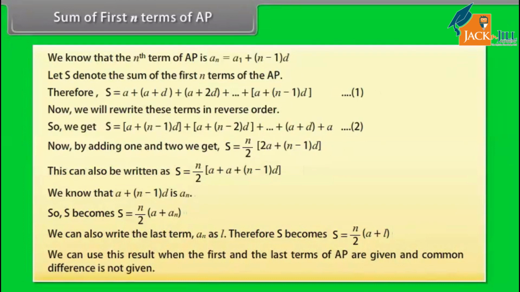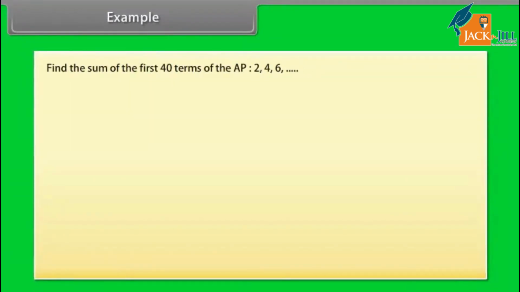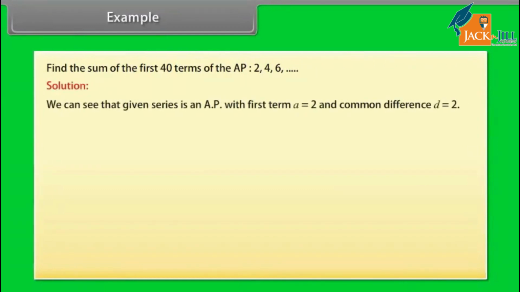We can use this result when the first and the last terms of AP are given and common difference is not given. Example. Find the sum of the first 40 terms of the AP 2, 4, 6, and so on. We can see that given series is an AP with first term A is equal to 2 and common difference D as 2. We have to find the sum of first 40 terms.